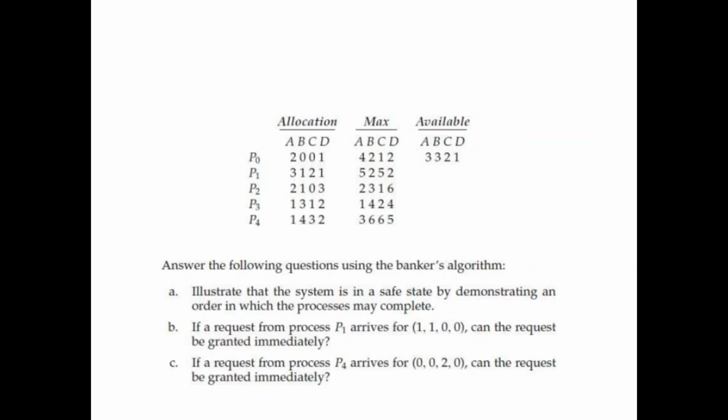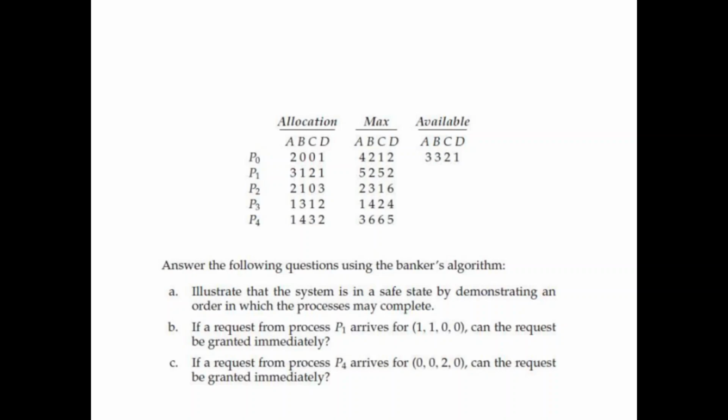Number 1, we have to prove that the current state of the system is safe, and number 2, if a new request suddenly comes from process 1 asking for 1100, that means 1 resource of R1, 1 resource of R2, and 0 resources of resources 3 and 4.